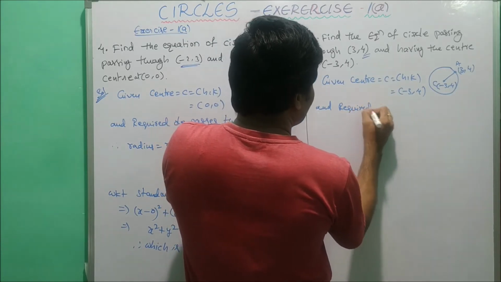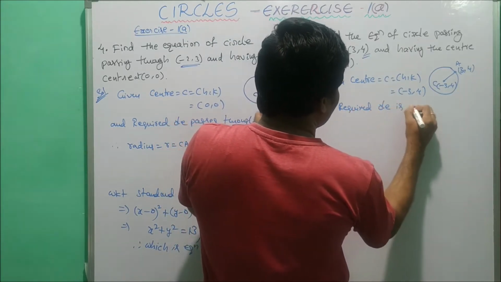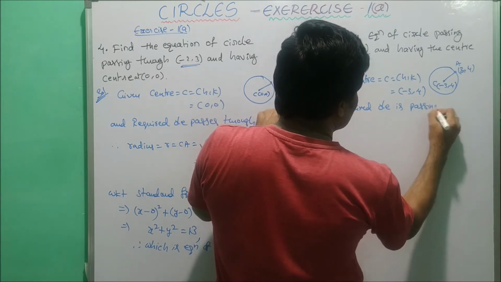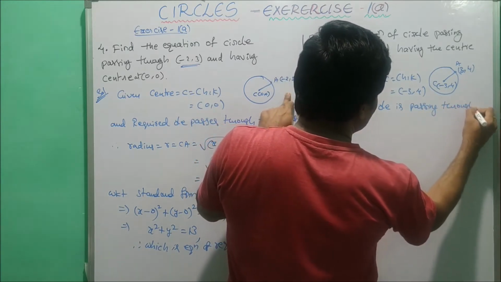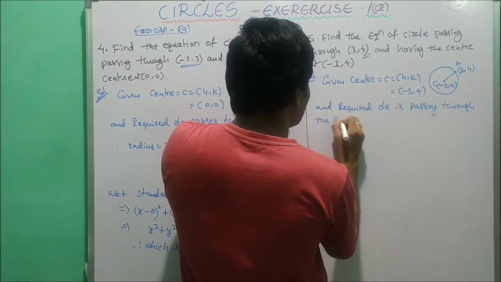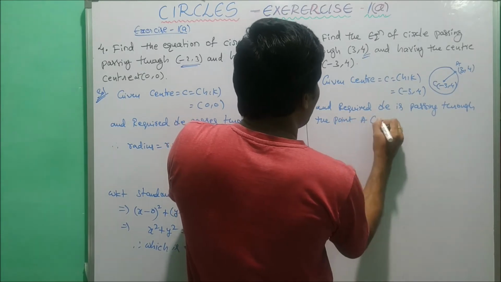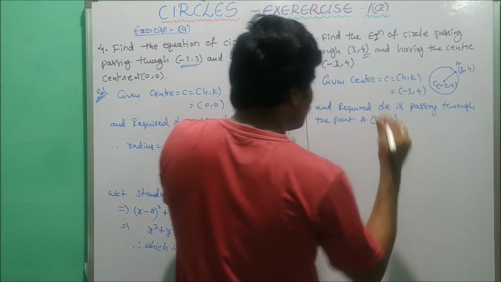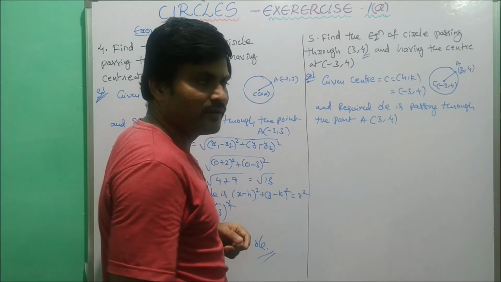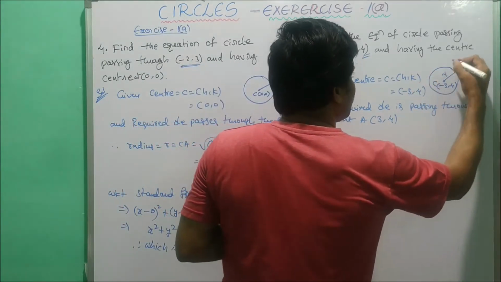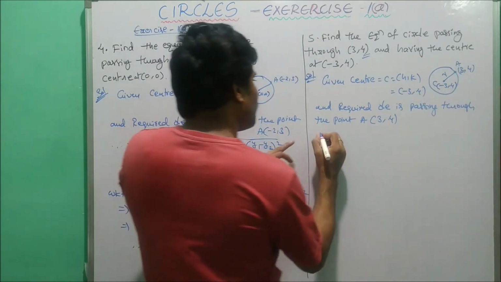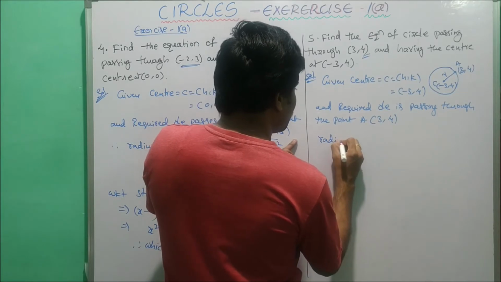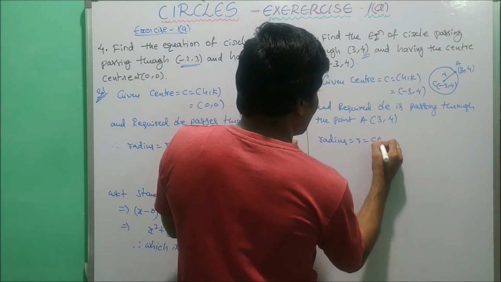And the required circle is passing through the point A (3, 4). First of all, we calculate the distance between C and A. Then we get that is the radius. So radius r = CA.